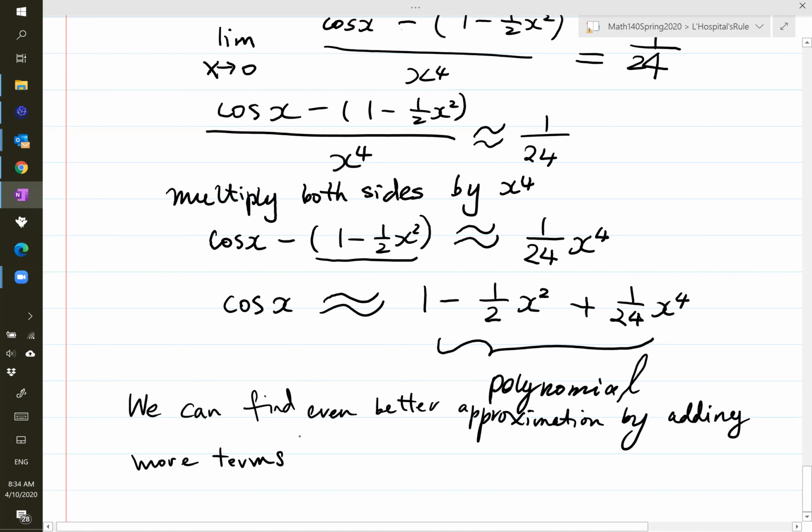Now for cosine, the next degree is degree 6. For cosine, you see all the terms are even degree.